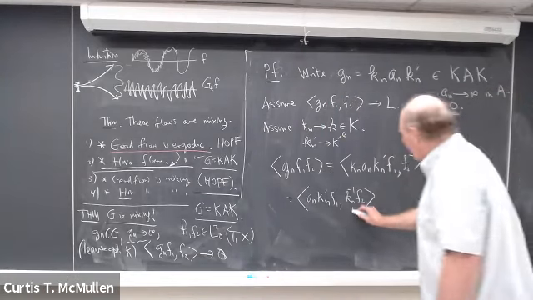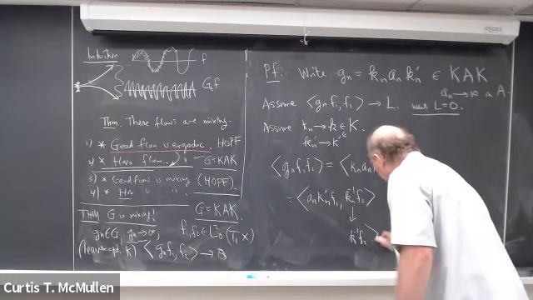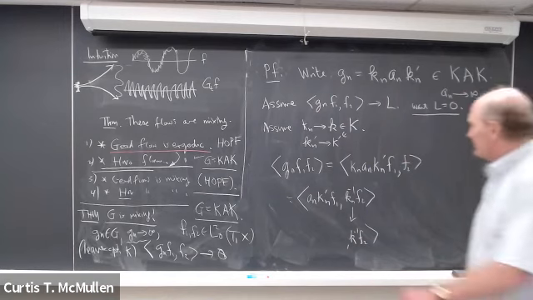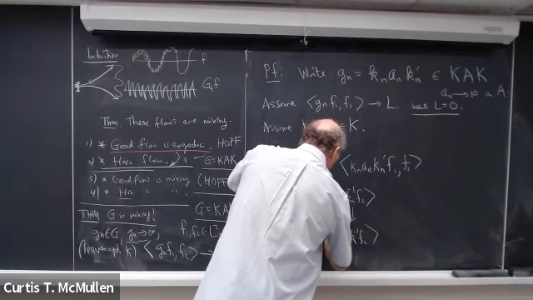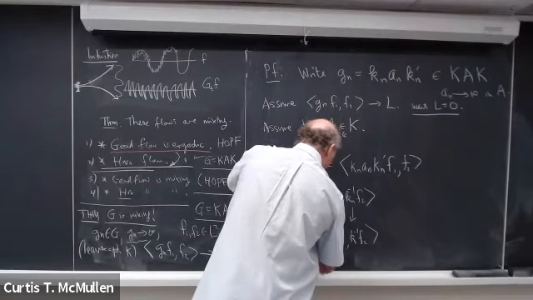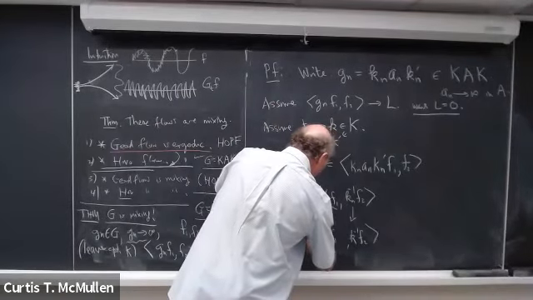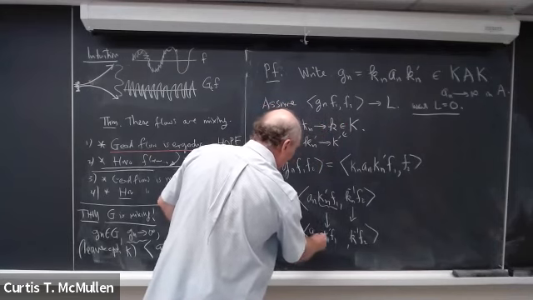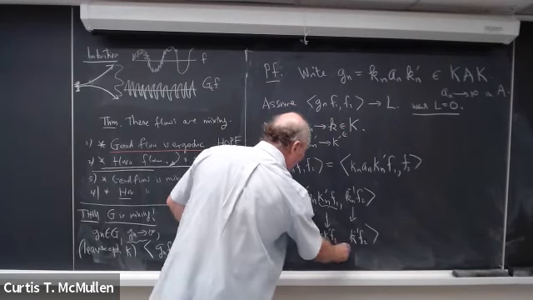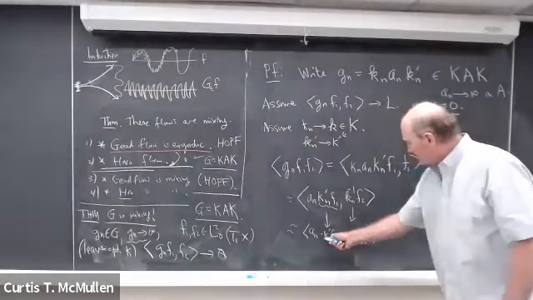But this term just converges to k inverse F2, that's some fixed vector. This term here converges to k prime F1. And so in the limit, this has the same limit as a_n applied to k prime F1, comma, k inverse F2.